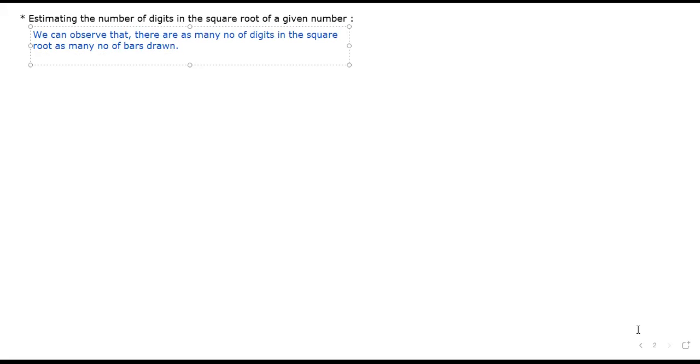And then write down, for example, square root of 529 is equal to 23, which is 2 digits. 2 bars, hence 2 digits.